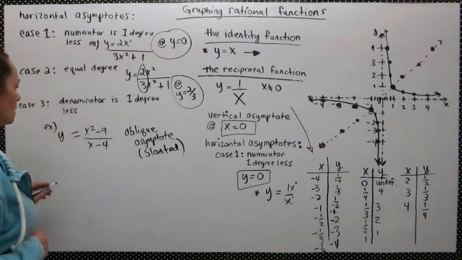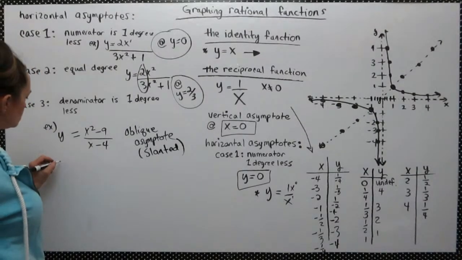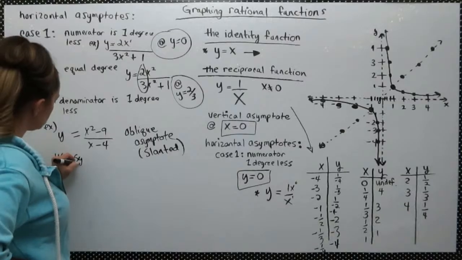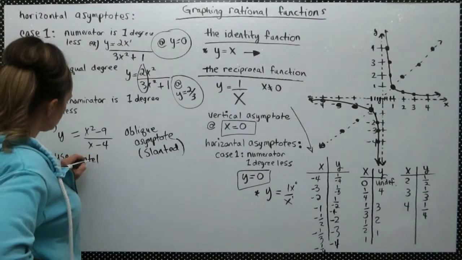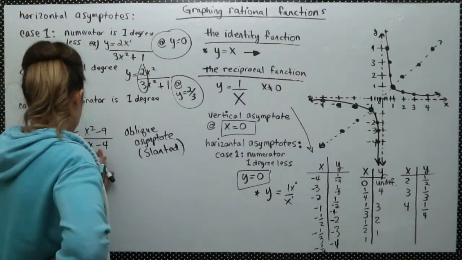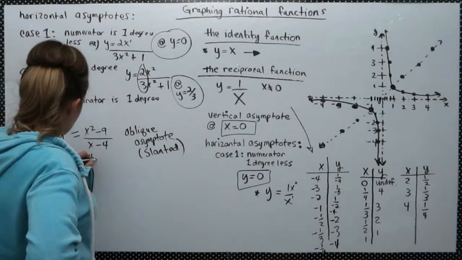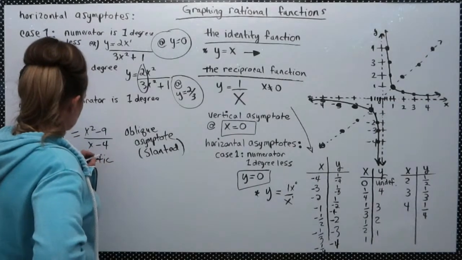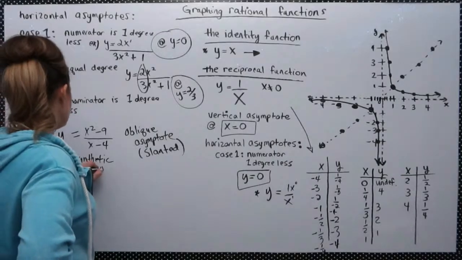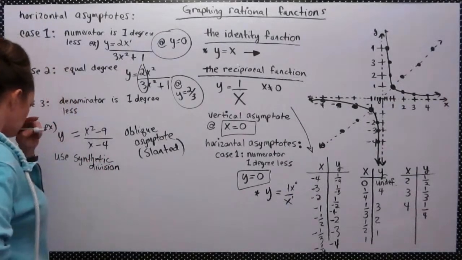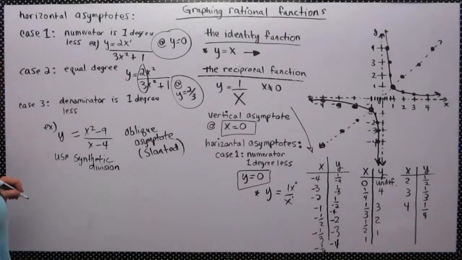Okay. And what happens is you have to use synthetic division to find it. There's not an E in there. Synthetic division. And so let's try to go ahead and do it.